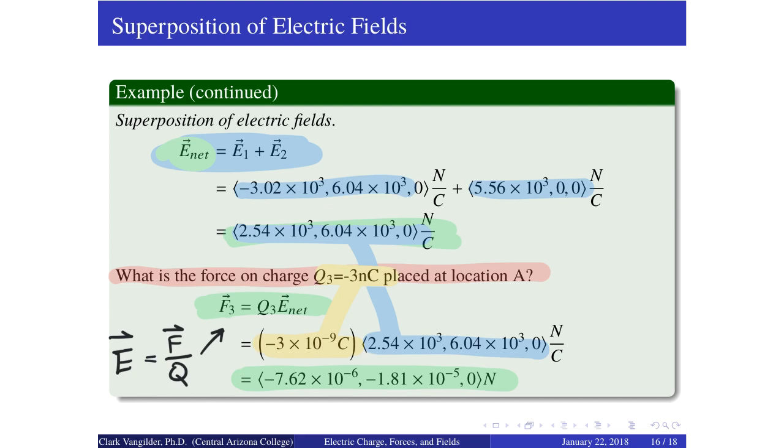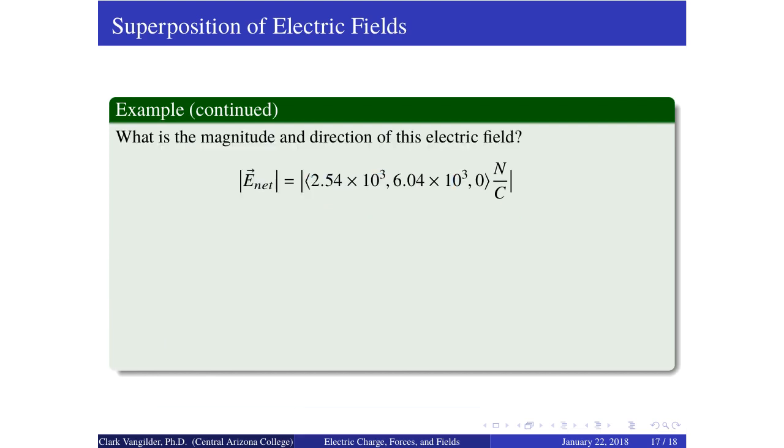Again, every step of this is literally advanced arithmetic, but it's busy. It's not your standard XY equations, all right? Now, magnitude and direction of this electric field. All right, how do I do a magnitude?